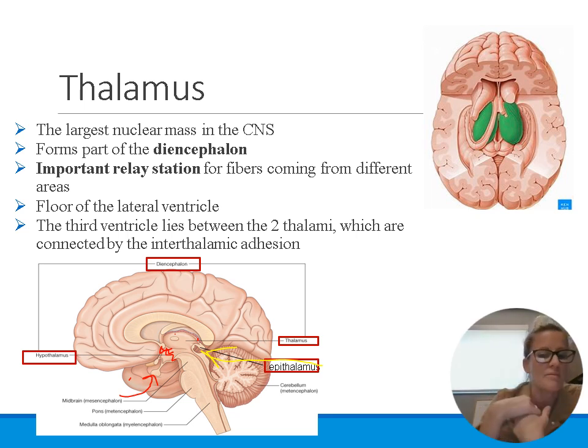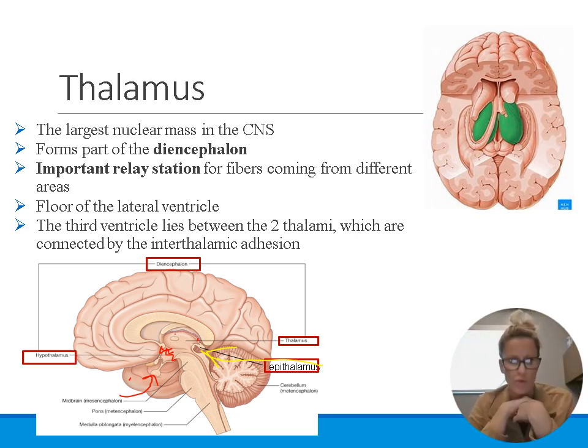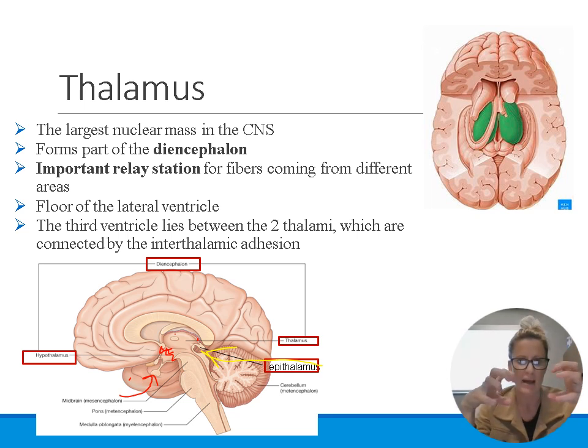So what we're talking about at the diencephalon is the actual thalamus. The thalamus is the largest nuclear mass that we have in the central nervous system. So the largest kind of solid mass of neuron cell bodies that we have. If you look, again, it forms part of the diencephalon.